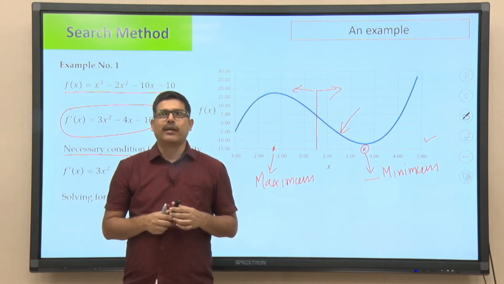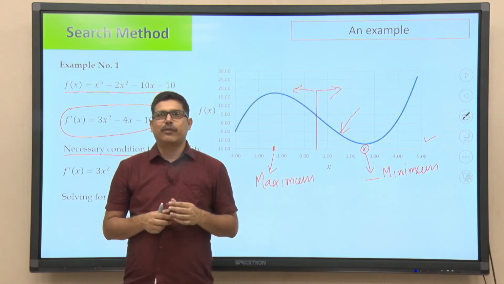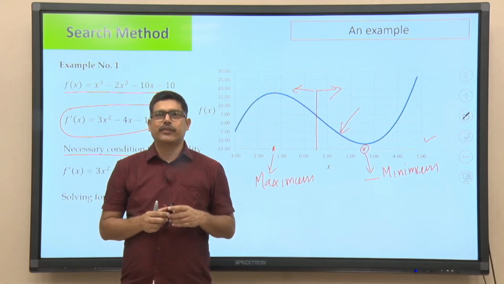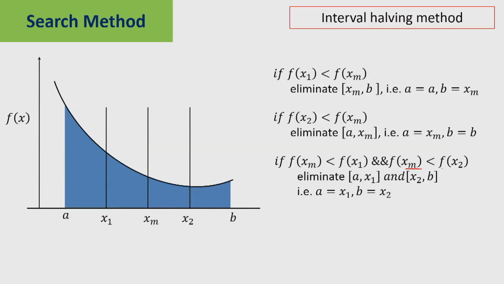I can do that, but in this particular example we will apply the region elimination technique as well as the Newton-Raphson method for finding the optimal solution of this single variable function. So, let us solve this problem. The first one is the interval halving method.